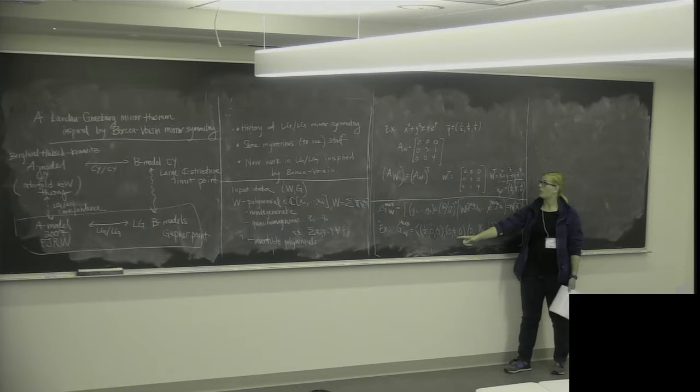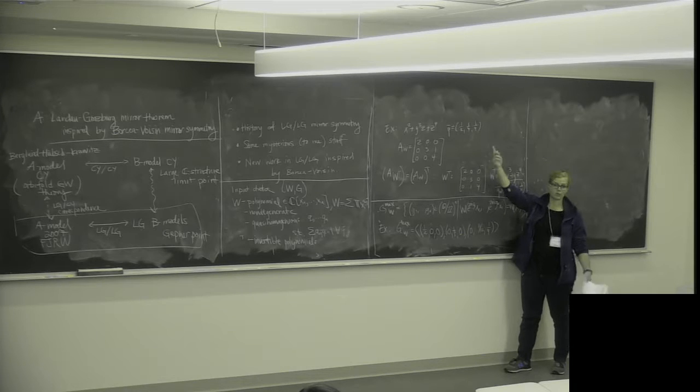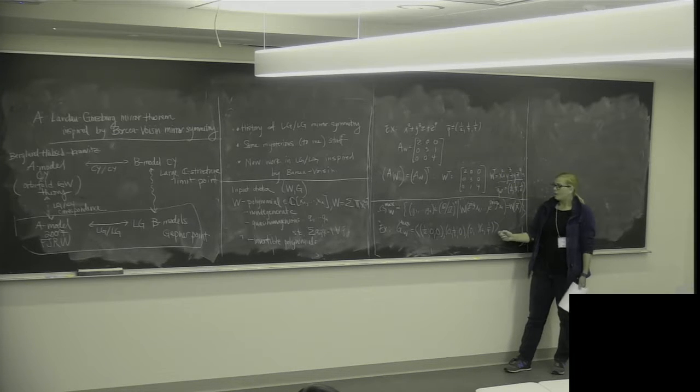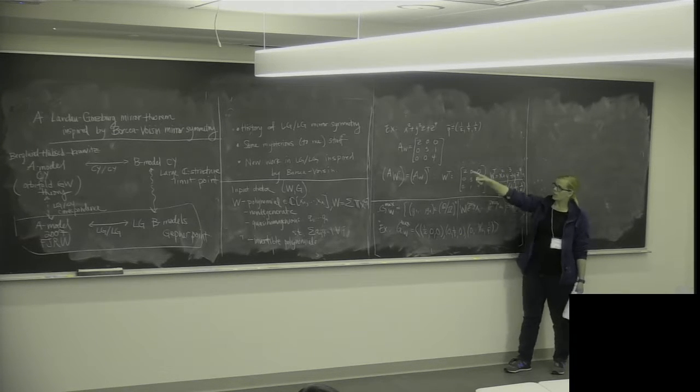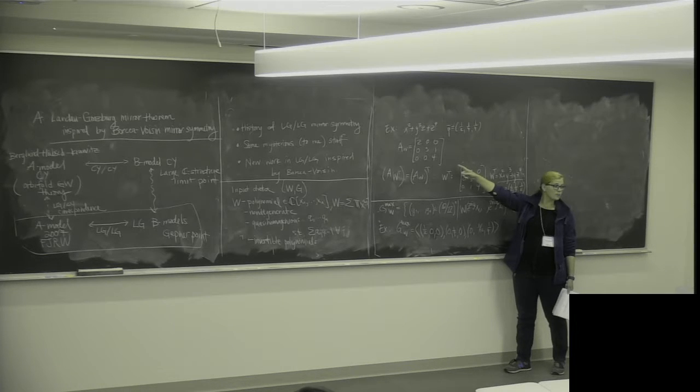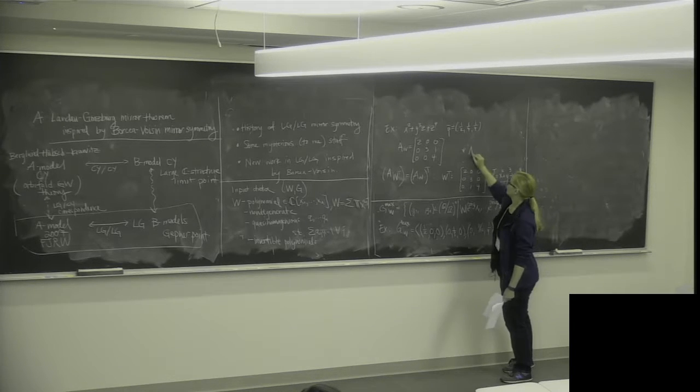If I multiply y by e to the 2 pi i divided by 3 and plug it in, I get back my original polynomial. And in fact, I stole these coordinates because they're actually just the columns of the inverse of this matrix.